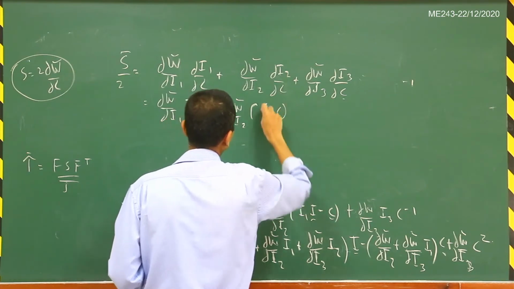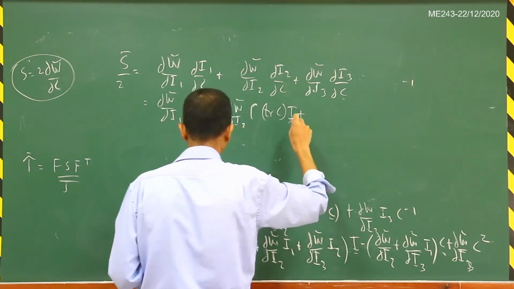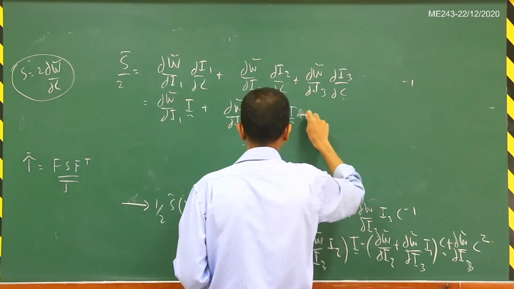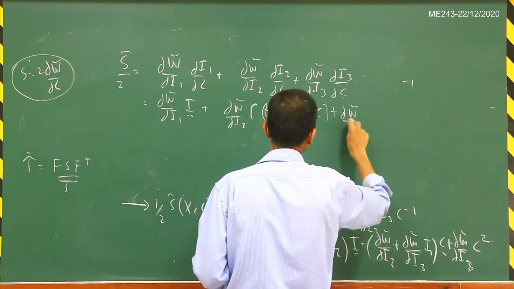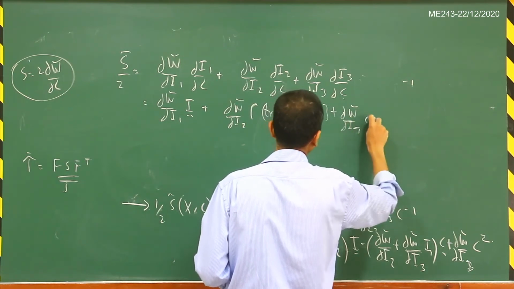So this is trace of C times identity minus C, plus del W by del I3 times cofactor of C.